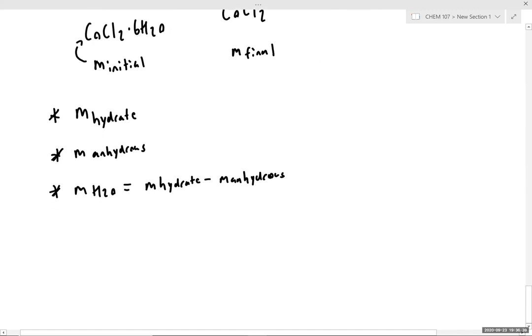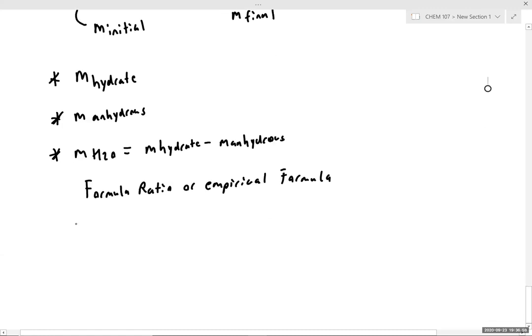Next, what we're going to do is determine what is known as the formula ratio or empirical formula. And for the empirical formula, we have to use the following step-by-step guide. First, you need to find the mass of each element or compound.